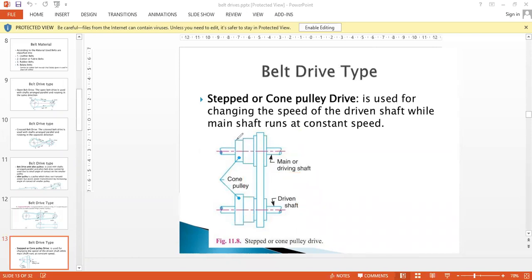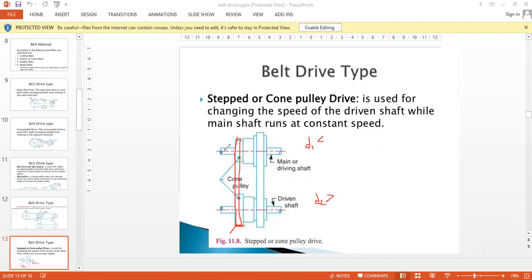Here we have the smallest pulley on the driving shaft, and on the driven shaft we have the bigger diameter. So if we place the belt over here, D1 is smaller, D2 is bigger or larger in diameter.